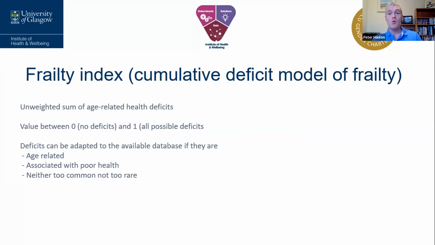The most commonly used one in secondary analysis of trial data is this cumulative deficit approach, where you look for as many features as you can which get more common with age and are associated with poor health, and you make a sum for each individual of the factors that are present. That gives you a quantification of the degree of frailty that someone has.